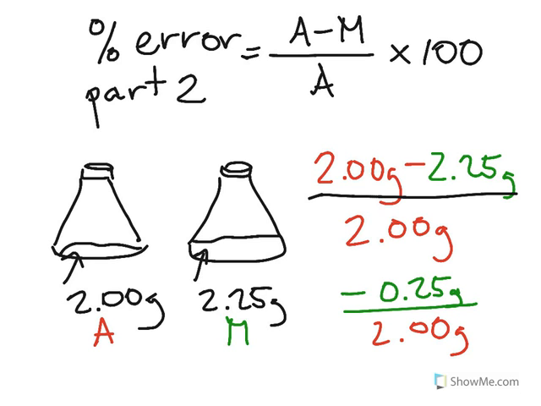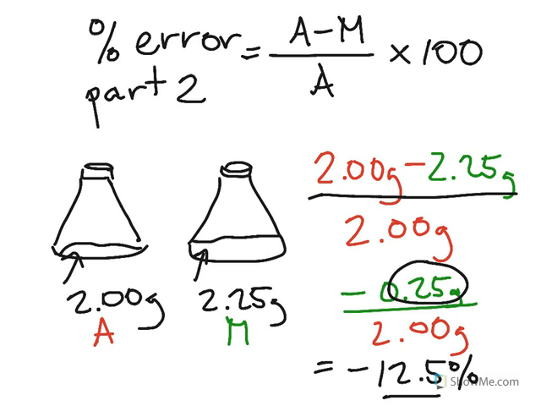And what that does is it gives us a value of a negative 12.5% error. Now note, again, this is a value that's negative. Now, because there's 2 significant figures in this numerator right here, we have to round our final answer to 2 significant figures.